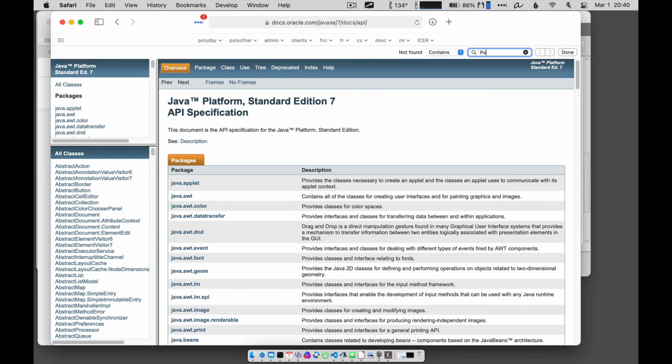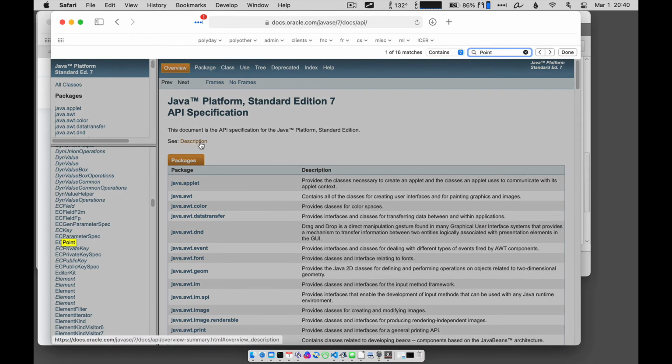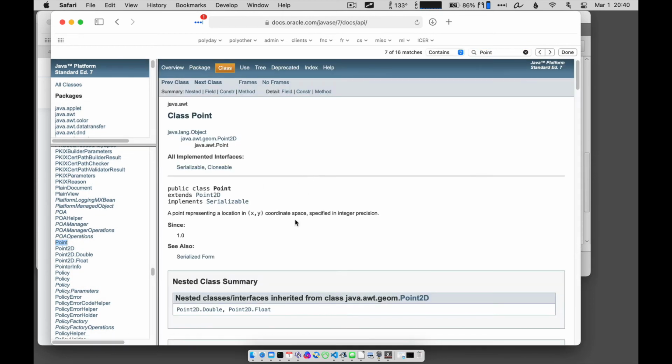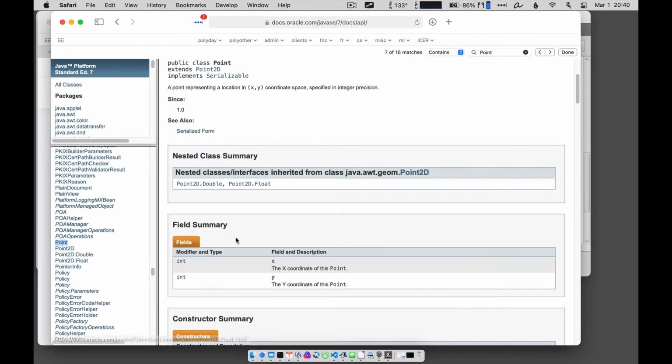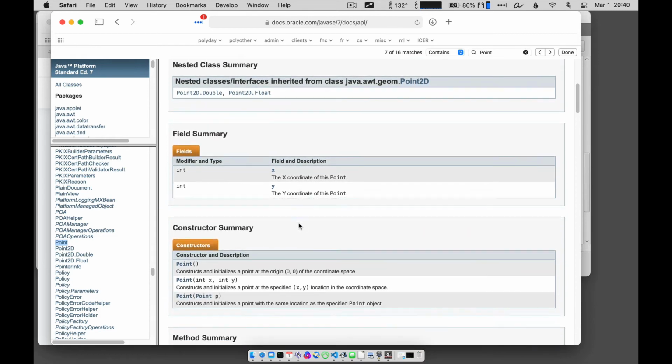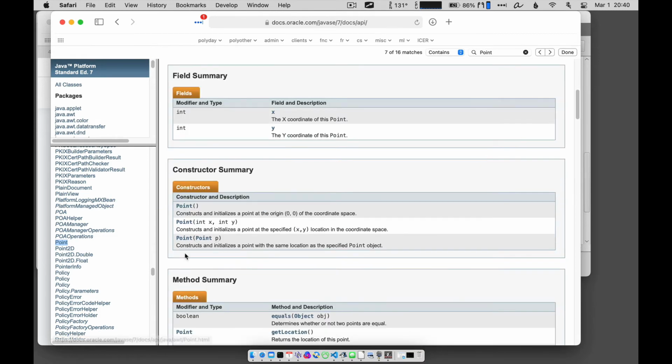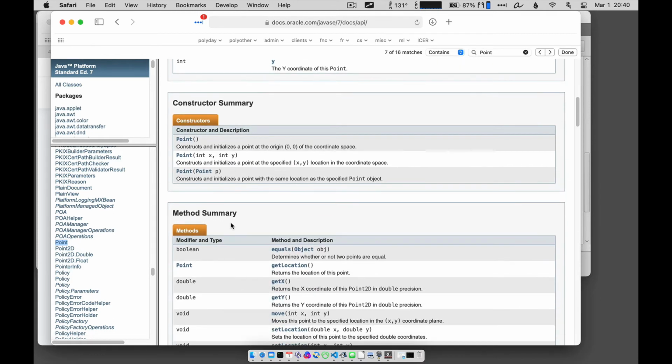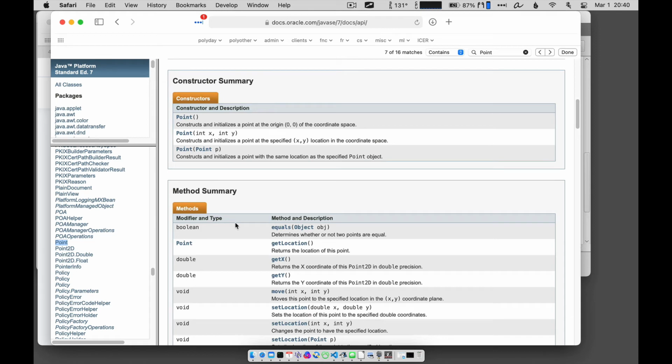I'll do a find and look for the point class, and it's not that, not that. There's the point class. Let me click on that and take a look. So Java AWT point, it's got an X and a Y coordinate. And this is going to be great. This is awesome. So I can initialize the point with an X and Y value. That's awesome.